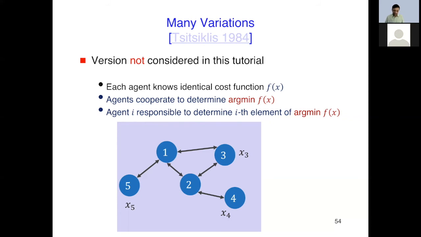However, in this distributed setting, the reason there are multiple agents and we're able to use them to perhaps speed up the solution is by requiring each agent i to estimate the ith element of the argmin of this single cost function f(x). So for example, agent 3 is going to keep track of x3, the third element of vector x, agent 4 is going to keep track of the fourth element of vector x, and so on.